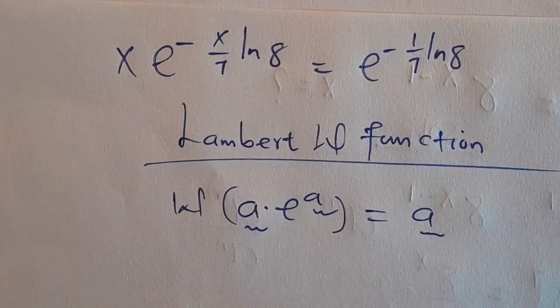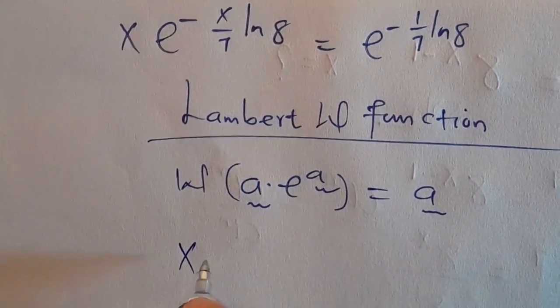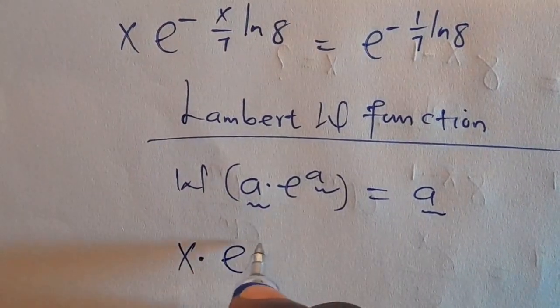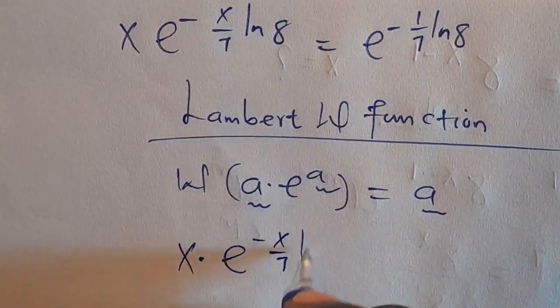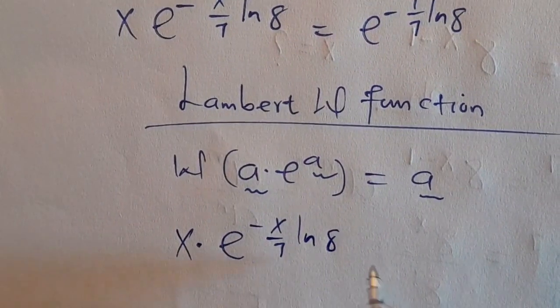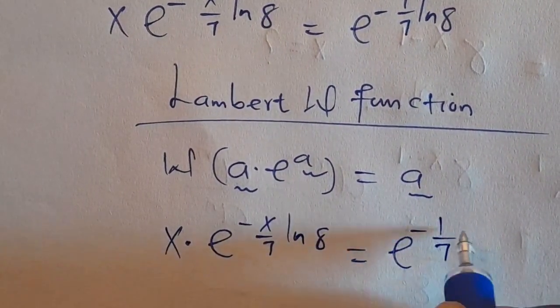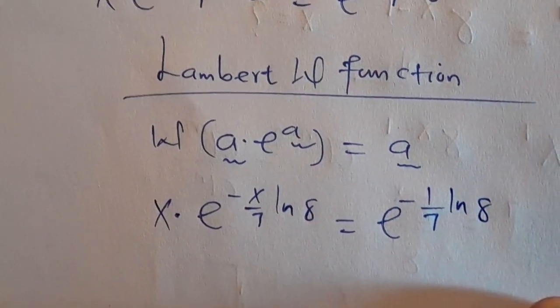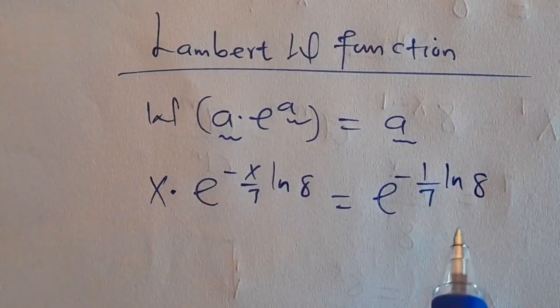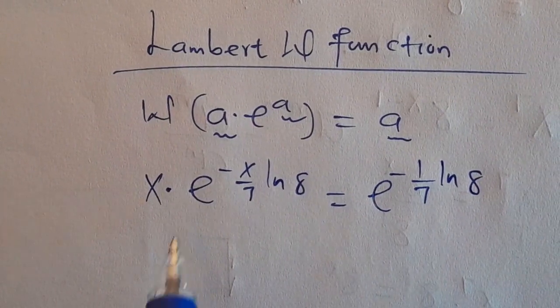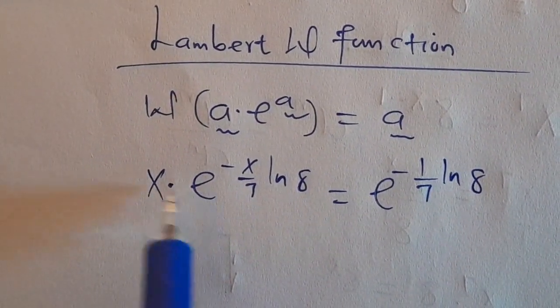Now we have to recall from here, we have x multiplied by e to the power of minus x divided by 7 ln of 8 equals e to the power of minus 1 divided by 7 ln of 8. From here, let's consider the left hand side.